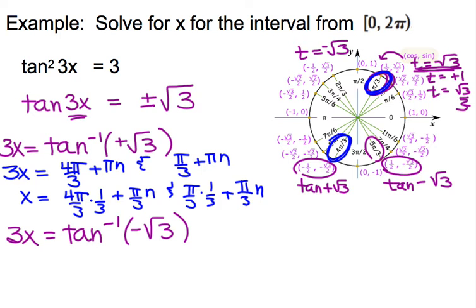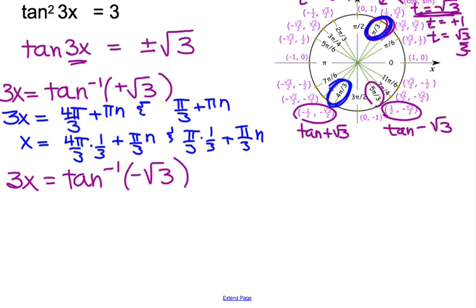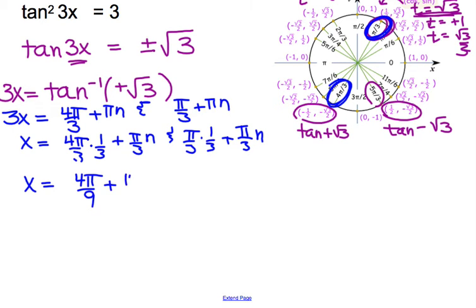I wrote that purple stuff too big, so we'll continue on with this blue, and we'll do the negative in a little bit. So when I finish this blue simplification, we get x equals 4 pi over 9 plus pi over 3n, and pi over 9 plus pi over 3n.